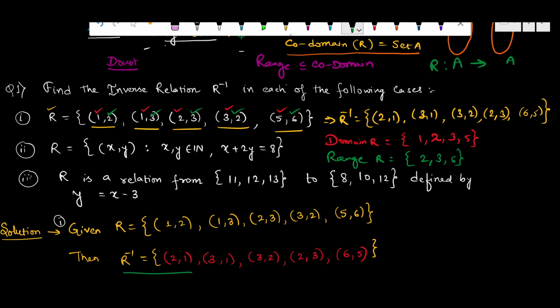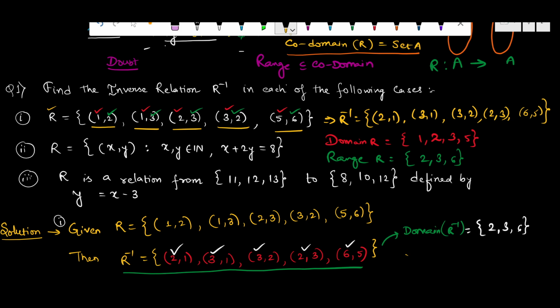See, for R inverse you can also find the domain of R inverse, the set of all first components 2, 3 and 6, and you may also find the range of R inverse, which is the set of all second components 1, 2, 3 and 5.